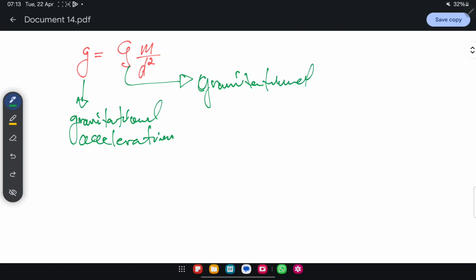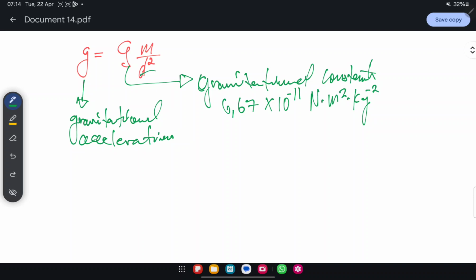We say it is 6.67 times 10 to the power minus 11 Newton m squared per kg.